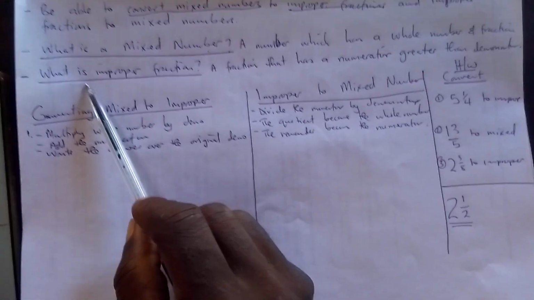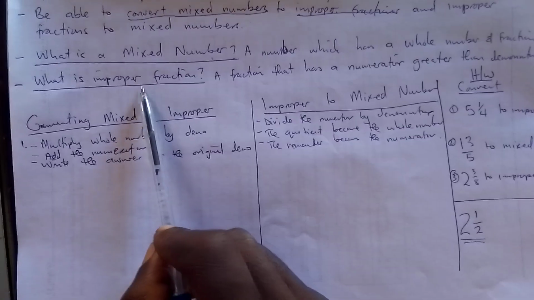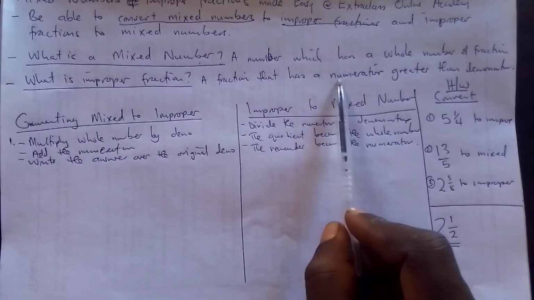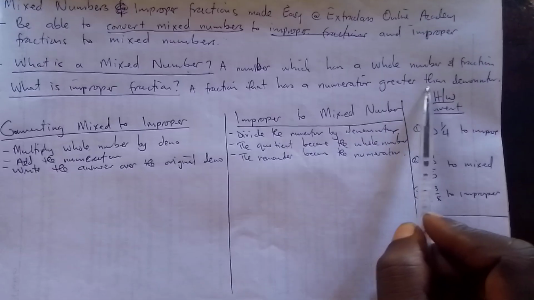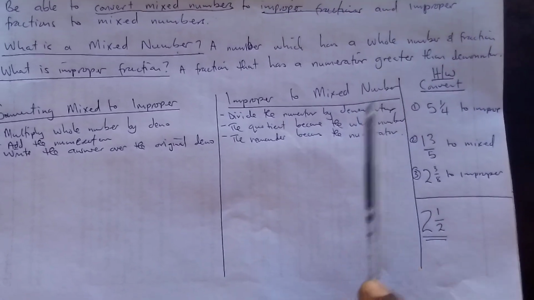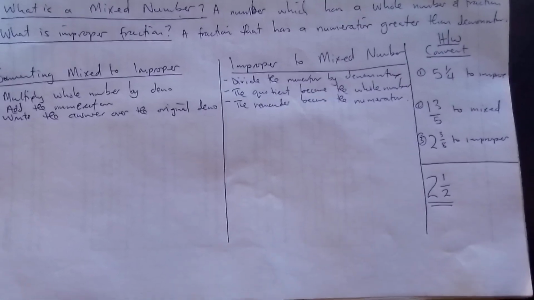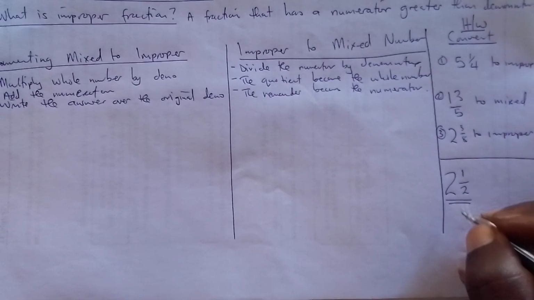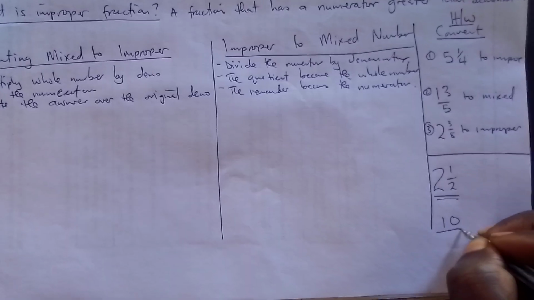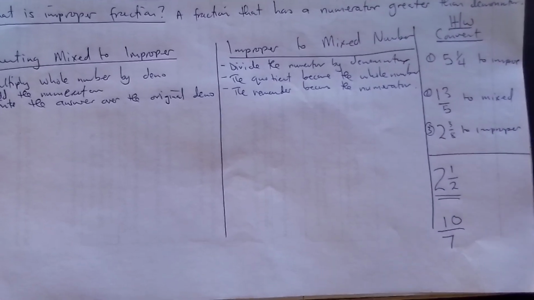What is an improper fraction? An improper fraction is a fraction that has a numerator greater than the denominator. So a numerator that is greater than the denominator. We are going to be looking at 10/7.